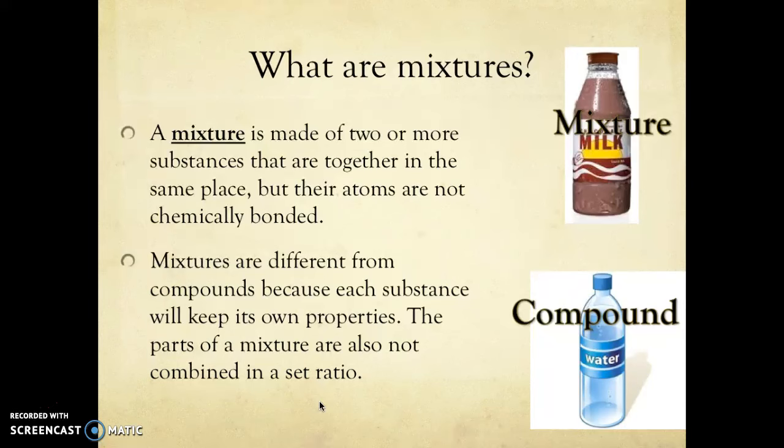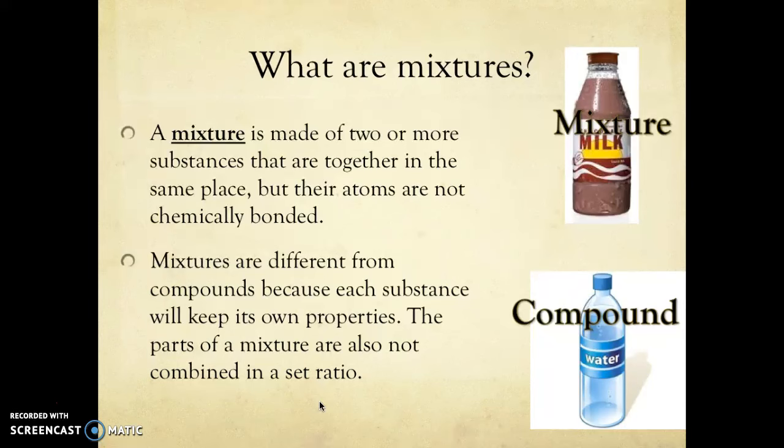Now, each of those individual things keeps its own properties. You know, the pretzel is still a pretzel. The Chex is still a Chex. But they're mixed together. So each particular substance keeps its own properties. Whereas in a compound, once you combine, you bond those elements together, that compound now has properties of its own.